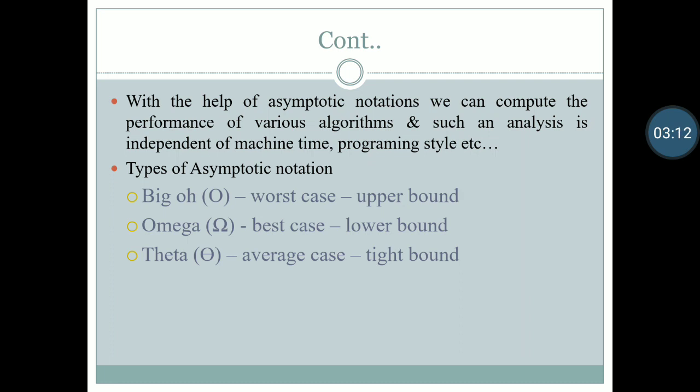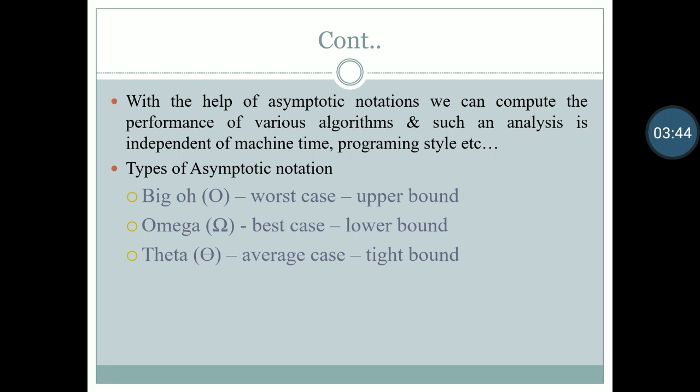So these are the three main asymptotic notations. First one is big O, second one is omega, and third one is theta. Keep in mind that big O will give you the worst case of your algorithm, and it will be an upper bound.